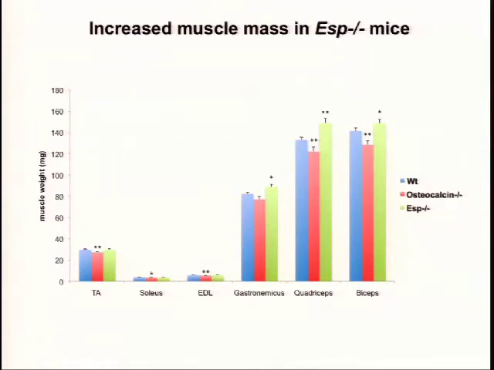Again, we did not pursue the analysis in older mice, but I'm sure that in the ESP null mice at older age, there will be an increased muscle mass in all muscles. So clearly, in absence of osteocalcin, there is a decrease in muscle mass, there is sarcopenia.